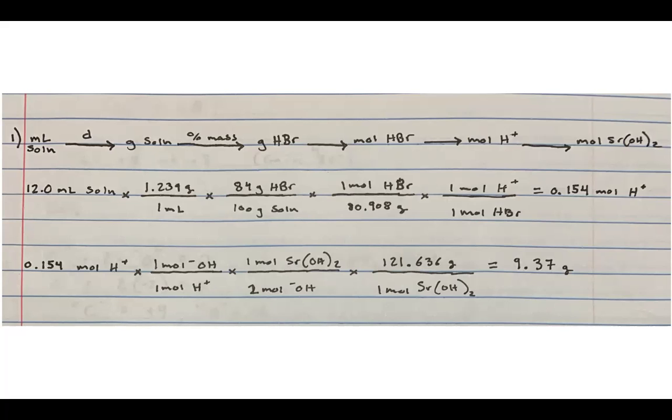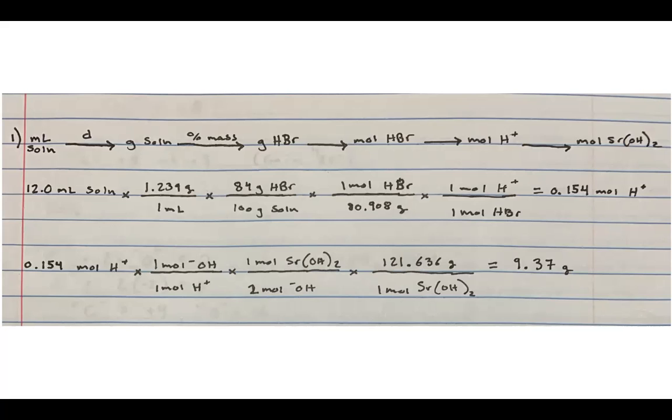Whenever we convert between reactants and products, or just different species, we're always going to convert to moles. So we should convert from grams of HBr to moles of HBr. And now we're talking about acid-base, which means we care about how much H+ and OH- we have. I'm going to use that to help me transition from acid calculations to base calculations.